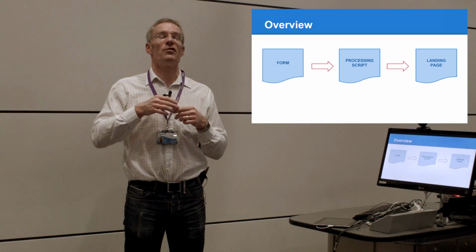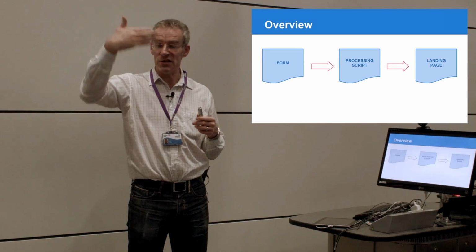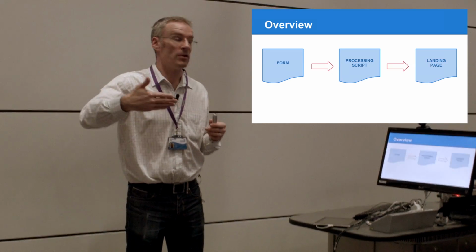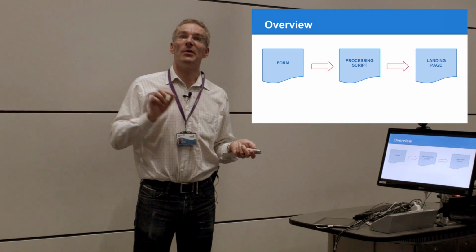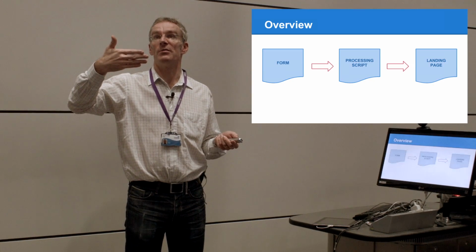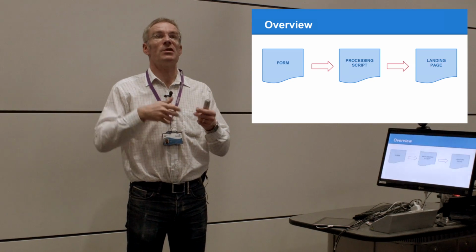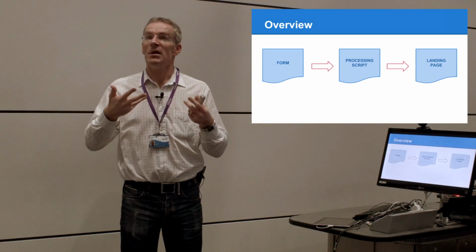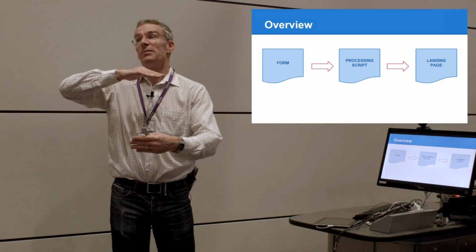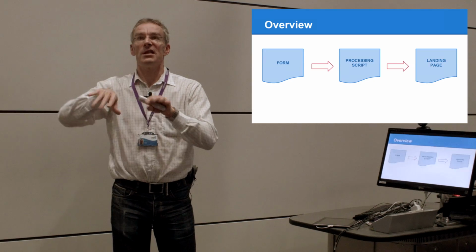So let's imagine you've got a list of items in your shop, and you want the user to add a new item. The form might be a button on the list of items page, or it might pop a new window up of some sort. The processing script would sit there in the background, and the landing page might be back to that list view with the extra item added to the bottom, so they can see they've added the item.